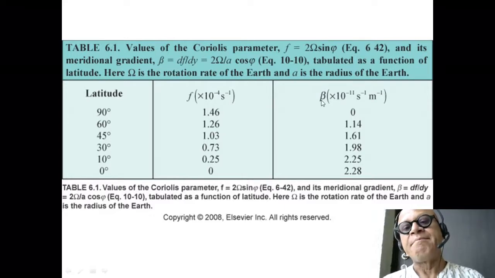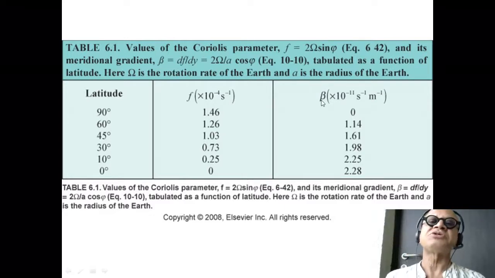Okay, and beta, which we'll see turns out to be a very critical player in the ocean atmosphere flows as well, is the gradient. So we said it's changing with latitude, which means there is a df dy. In this case, we are writing small d, small df, small dy. Why? Because f here is only a function of y.